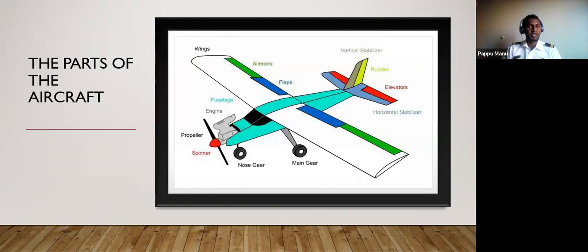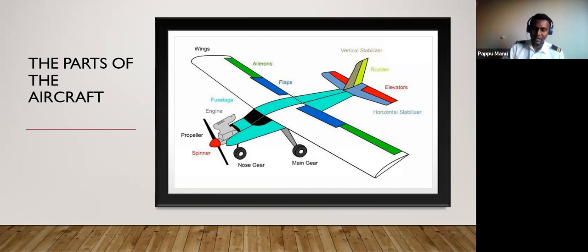We studied your fuselage, the whole body of the aircraft. Now, your vertical stabilizer, horizontal stabilizer, rudder, and elevator, those four components are known as your empennage, the back portion of your aircraft.